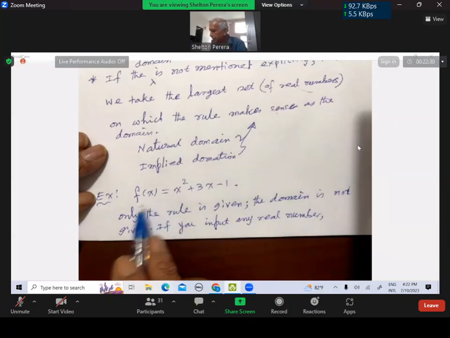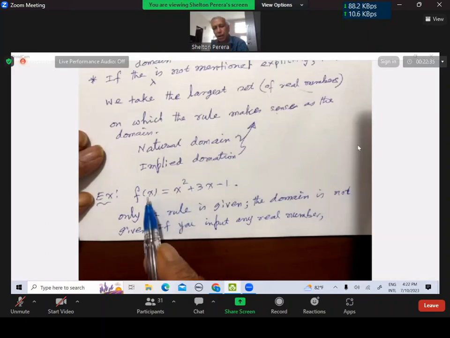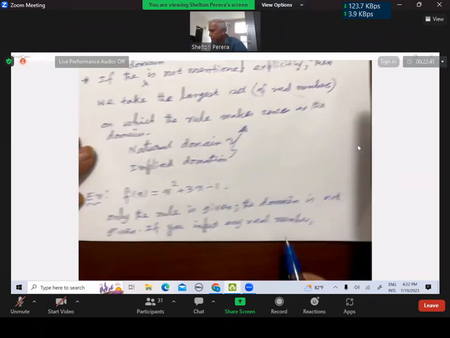If you input not only 5, but any real number, I explained it, the output would be that real number squared plus 3 times that real number minus 1. It's also a real number.